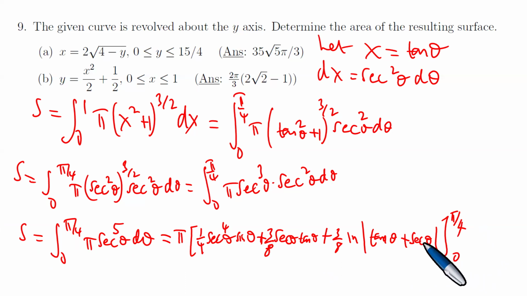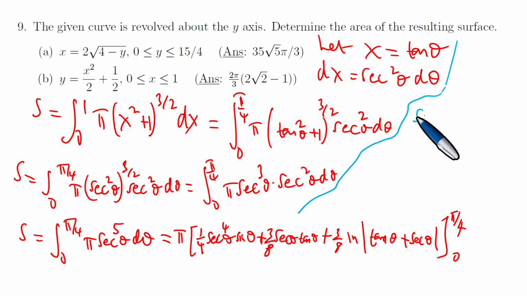So now, if you substitute everything here, let us substitute straight away. This surface area is given by, if you put the pi over 4 here, the secant of pi over 4, which is the same as 1 over cosine pi over 4, which is 1 over the square root of 2. If you raise it to the power 4, it's going to be pi times 1 over 4.